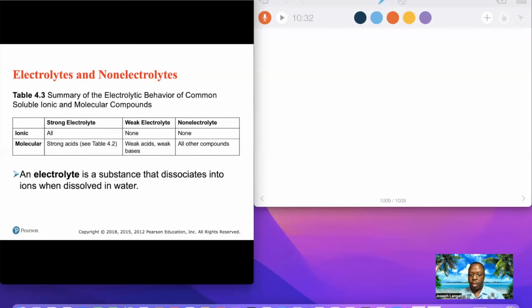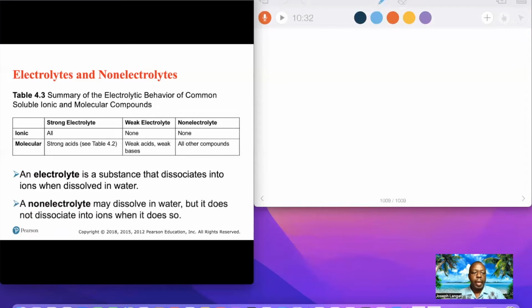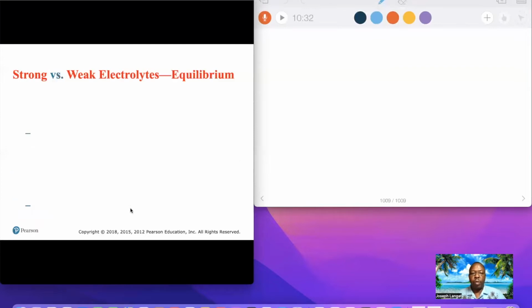We're going to look at that in chem to conduct electricity. Non-electrolytes do not produce ions, even though sometimes they dissolve in H2O, but they do not dissociate into ions. Therefore, there is no movement of ions.